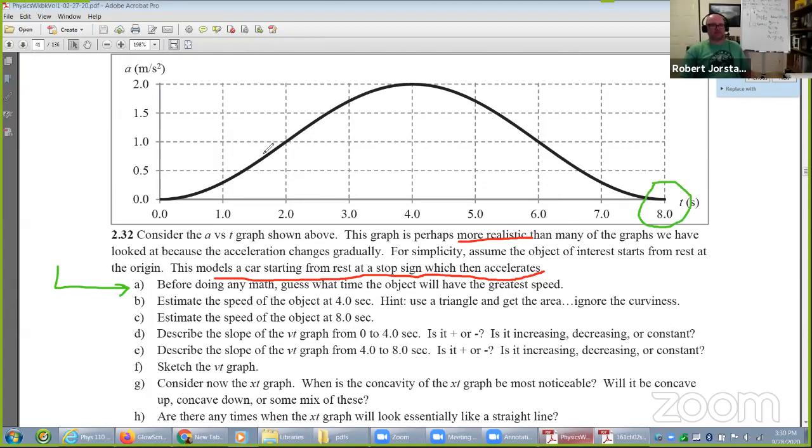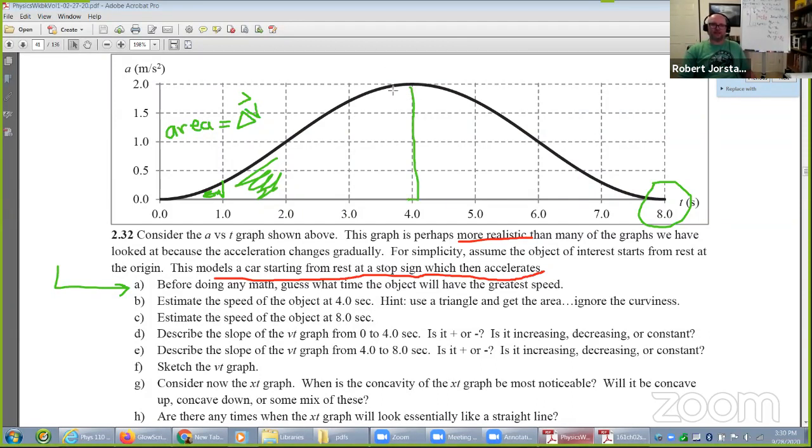Now think about this. What does this mean? And this is something you can get out of this. Area equals change in velocity. When you're on an a-t graph, that's the only thing there is to get out of this. So take a look. This is a positive area. Your velocity increases. This is a positive area. It increases. All of this is positive area.